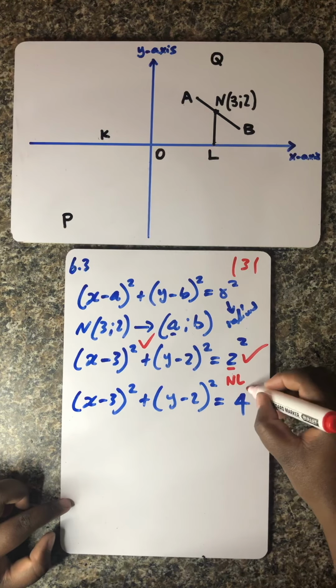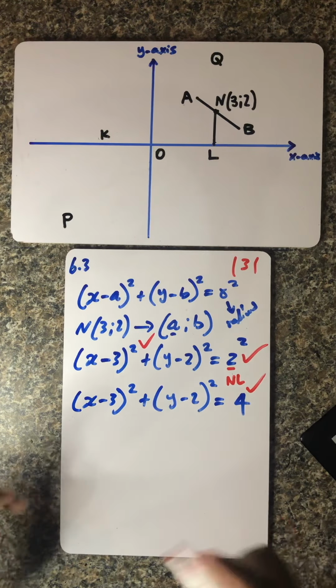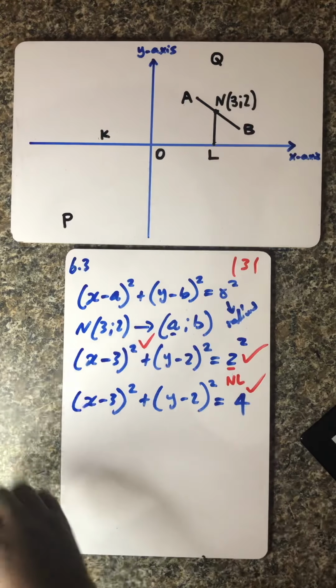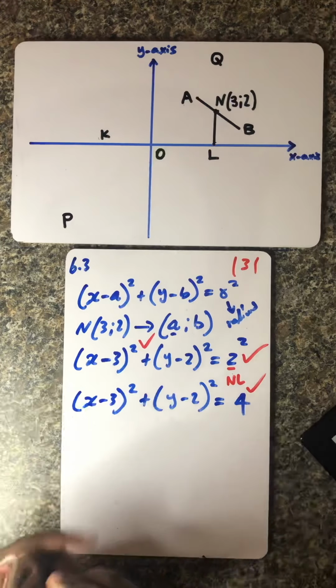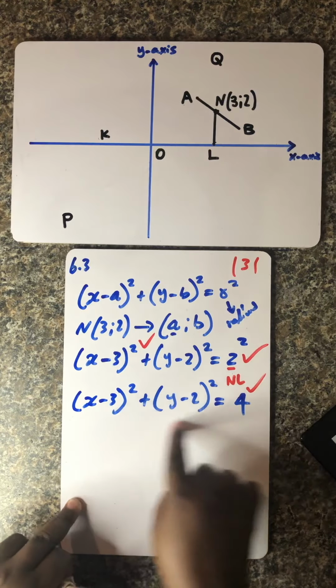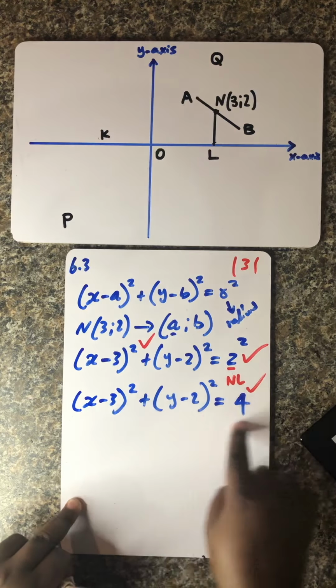And then finally, they'll give you a mark for your final answer. So ladies and gentlemen, remember you must give the equation in that form, which is what the question requested. Very, very important that you pay attention to instructions given in the question.